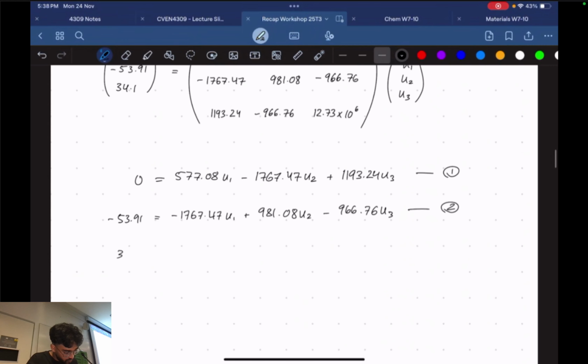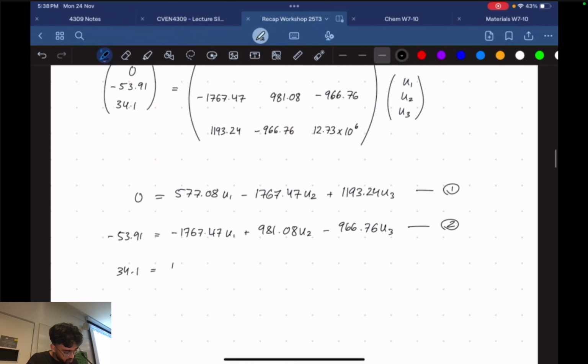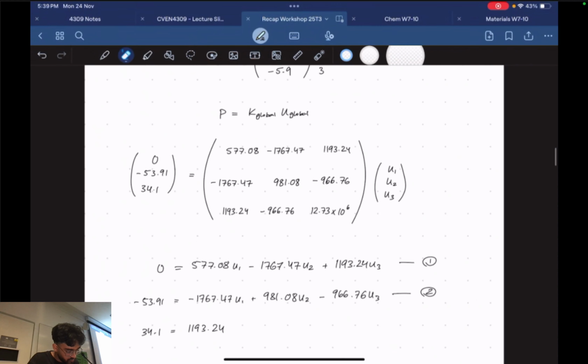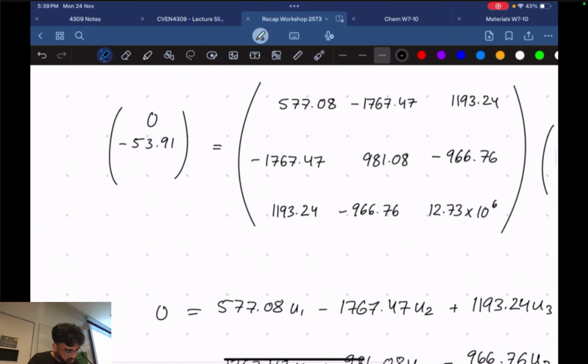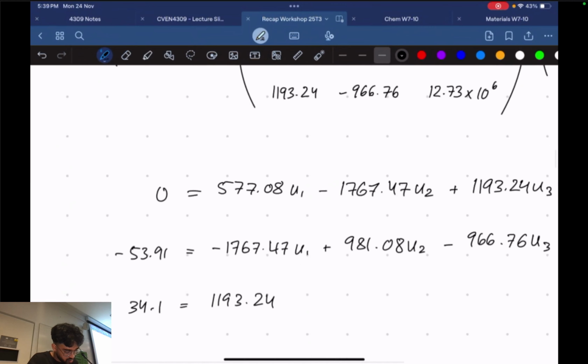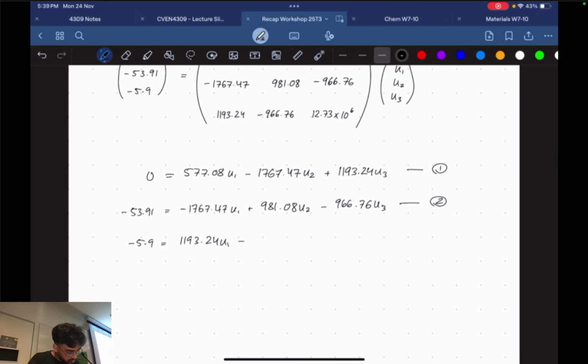And lastly, 34.1, 1193.24, minus 5.9, U1 minus 966.76 U2 plus 12.73 times 10 to the power 6 U3.